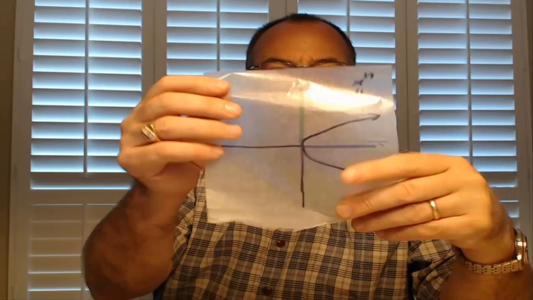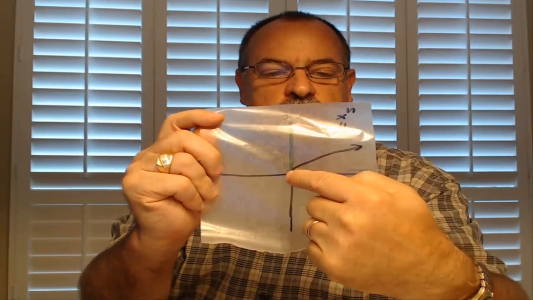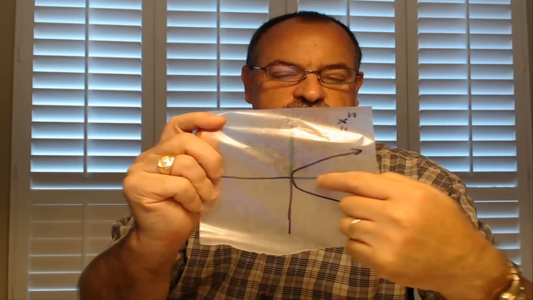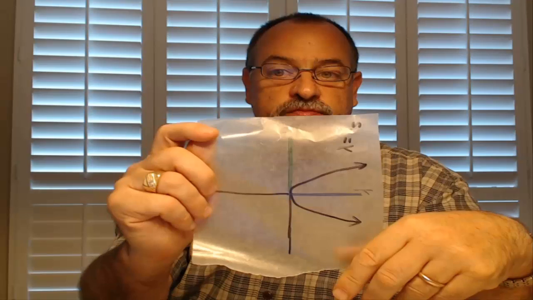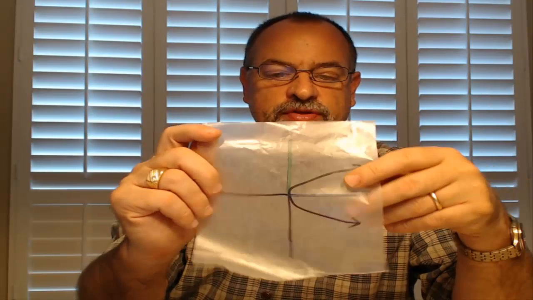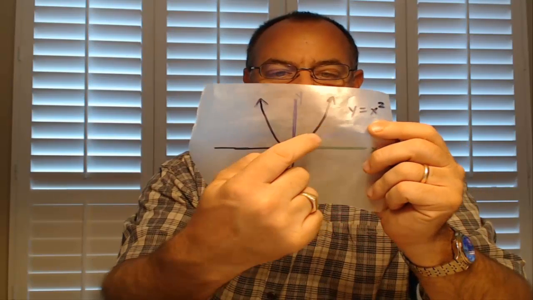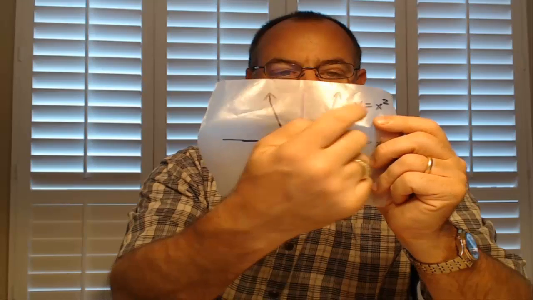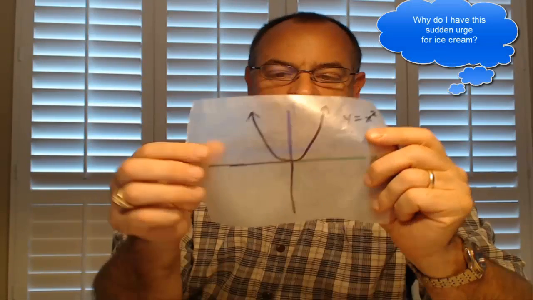And now you can see that these that were once the positive x are now the positive y's, and these that were the positive y's are now the positive x's. So graphically, or visually, that's what it looks like, and that is actually reflecting everything over the line y equals x. So if you drew the line y equals x, and you measured all these points on this side and reflected them over, that's what you would get.